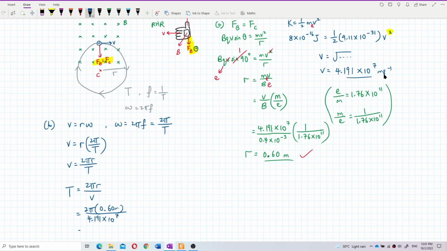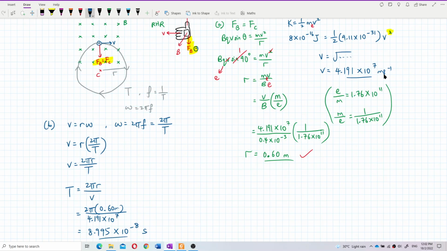So let's find out my period. 2 pi multiplied by 0.6 divided by 4.191 exponent 7. The answer is 8.995 exponent negative 8 second.